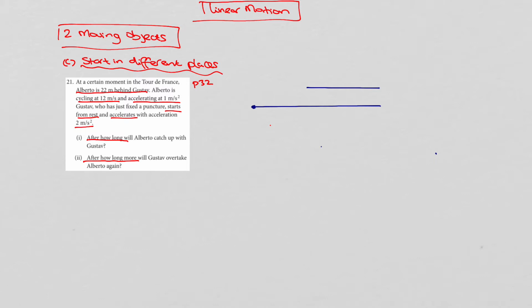So we have Alberto and we have Gustav, and then we have the point at which overtaking occurs. But the gap between them to begin with is 22 metres.